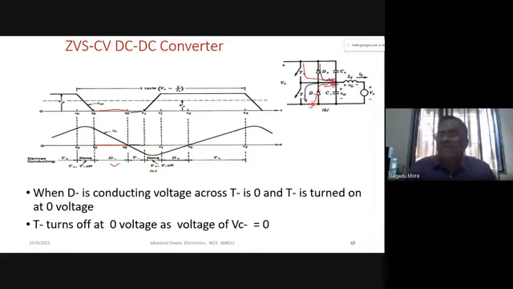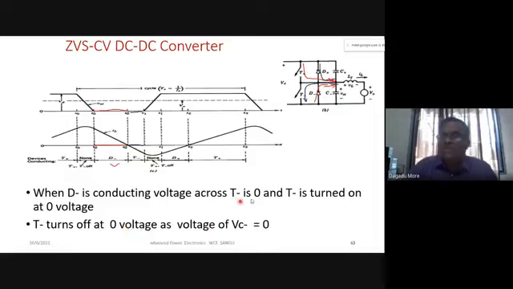Whereas for the turn off, when the device is on, the voltage across the capacitor is zero, so turn off will be at zero voltage because the voltage across the capacitor is zero.